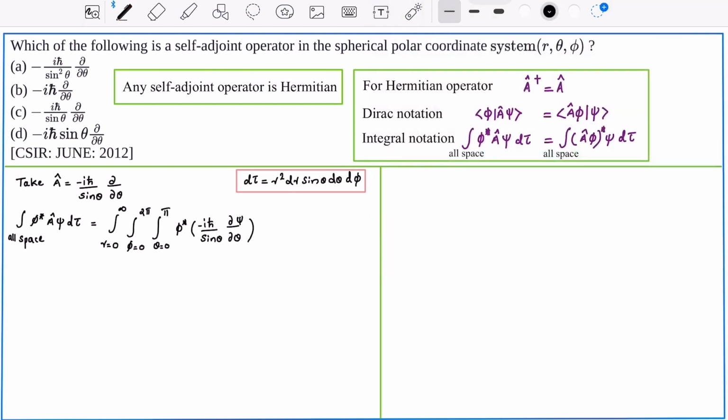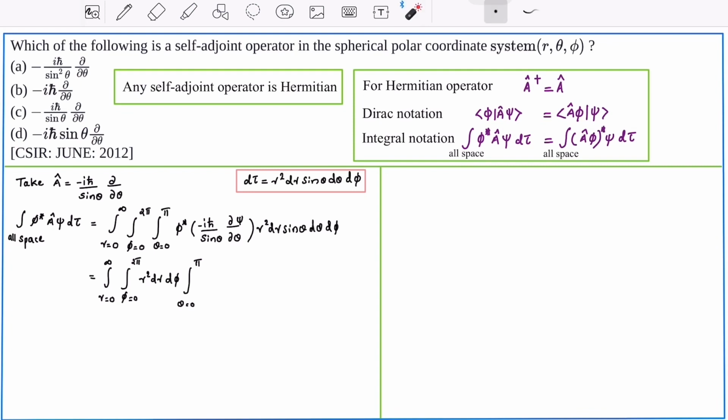Therefore, the integral over all space phi star A psi d tau is equal to the integral r equal to 0 to infinity, integral phi equal to 0 to 2 pi, then we can write r square dr d phi, integral theta equal to 0 to pi.